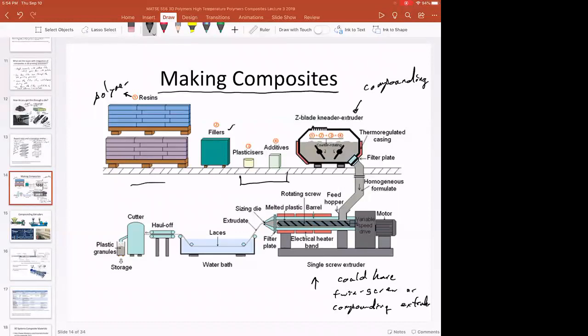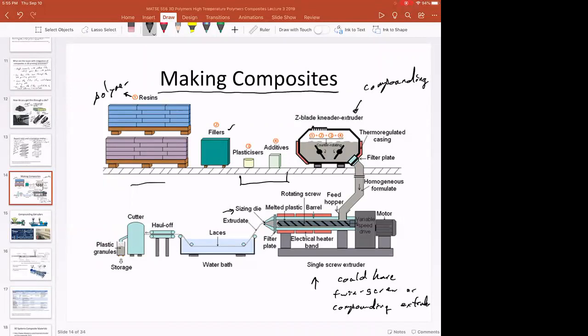Turns out the polymer in a bottle of laundry detergent has about 10 or 15 different molecules in there because you need colorants, you need stabilizers, you need things that resist degradation, you need things that make the polymer opaque, crystallizing aids, all sorts of stuff. And so you do this compounding process, and then you extrude your composite out of your die, and we'll talk about what sizing is in a second.